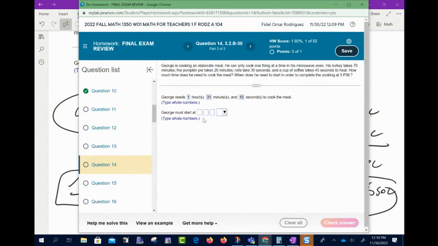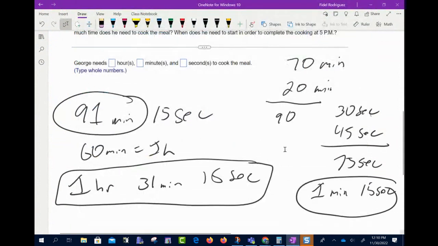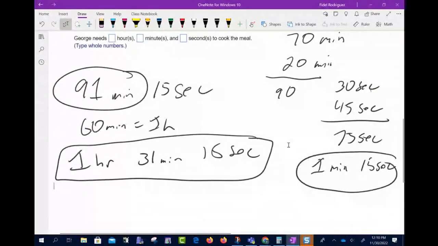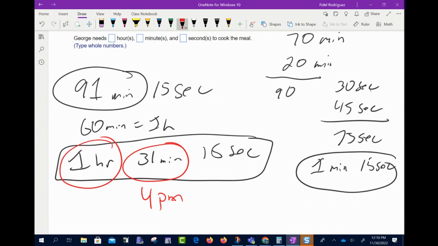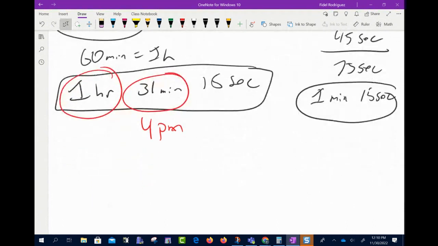Okay, now we want to figure out what time does he need to start doing this. He wants everything ready by 5 o'clock. So if he wants everything ready at 5 o'clock, if it was going to take him an hour, he would need to start that at 4 p.m., right? But if he needs an additional 31 minutes, wouldn't he have to start at 3 p.m. and 29 minutes, right?